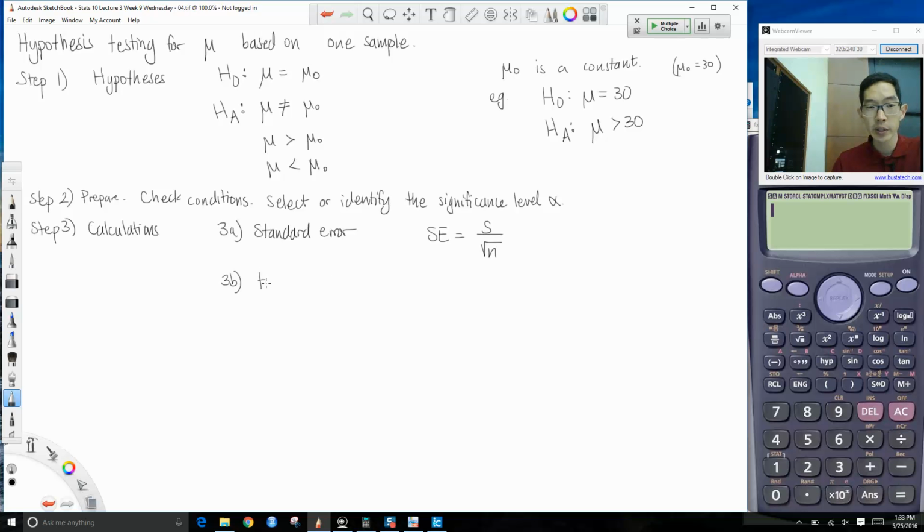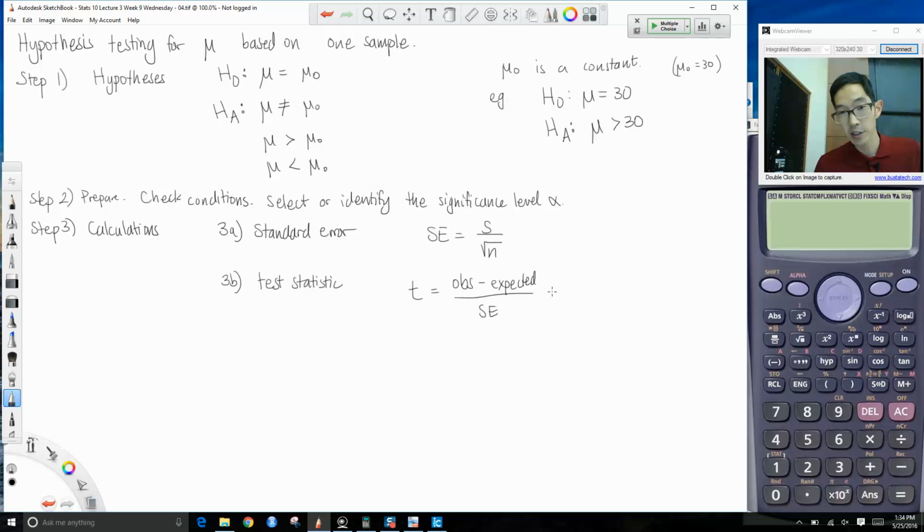Then we get our test statistic, where we compare the reality versus the expectation. And so in this case, our test statistic will take on the letter T. And again, we do observed minus expected divided by the standard error.